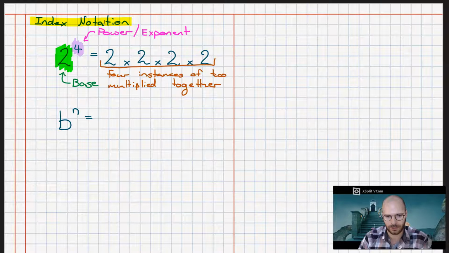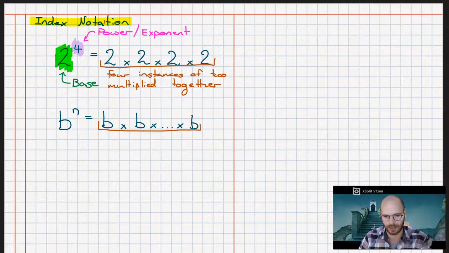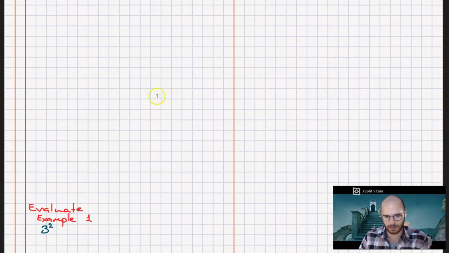The way in which we can rewrite this is b multiplied by b multiplied by dot dot dot, multiplied by b, and the number of b's multiplied together is specified by the number represented in n. So n instances of b multiplied together.